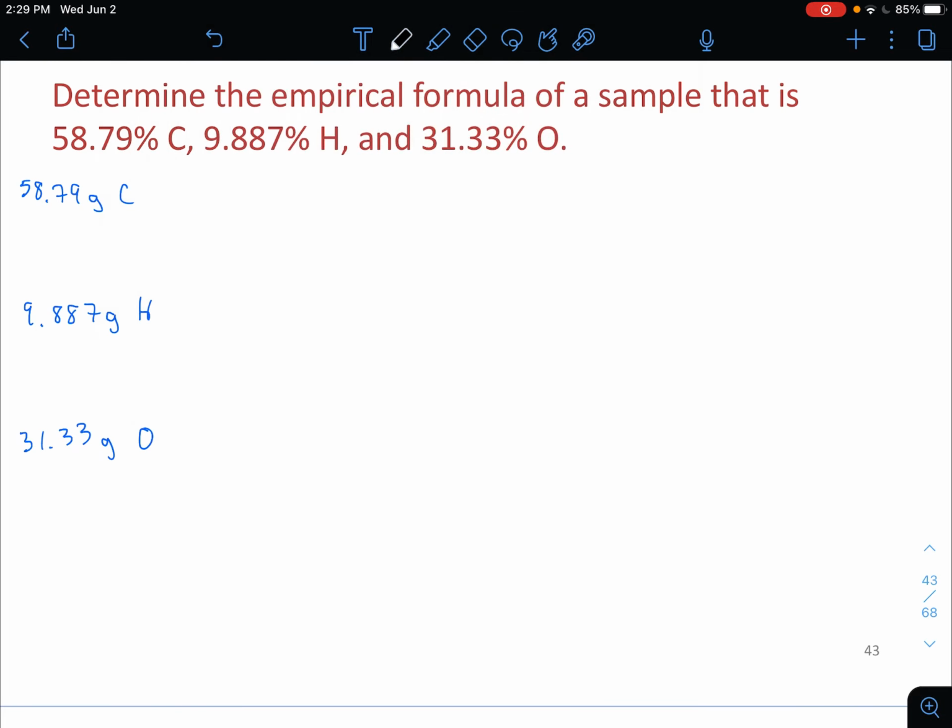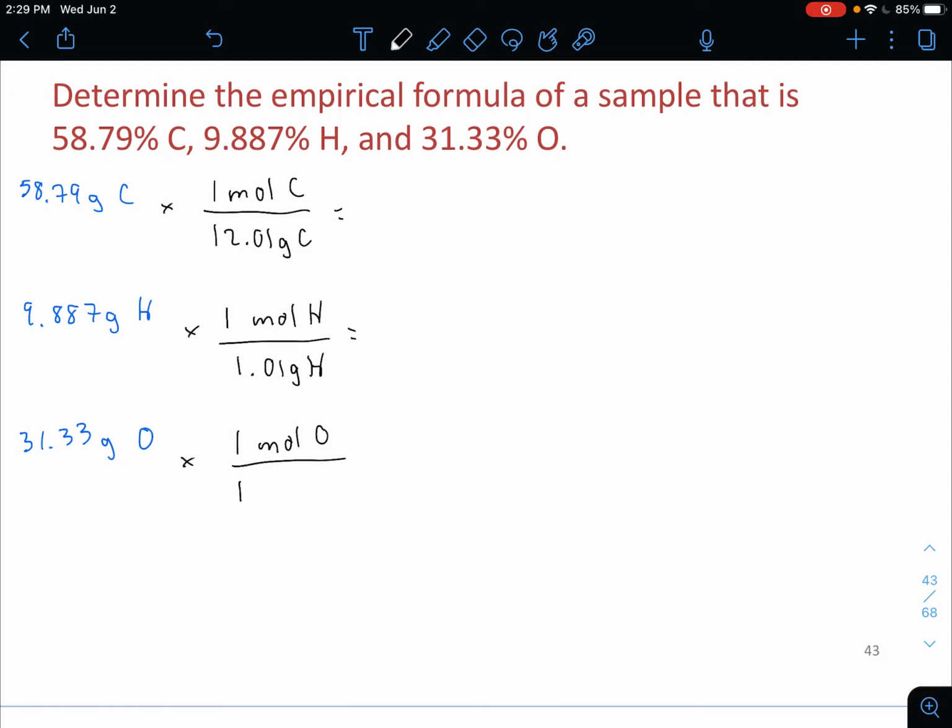Okay, so same steps, right? 1 mole carbon, 12.01 grams carbon, 1 mole hydrogen, 1.01 grams hydrogen, and 1 mole oxygen, 16.00 grams oxygen.